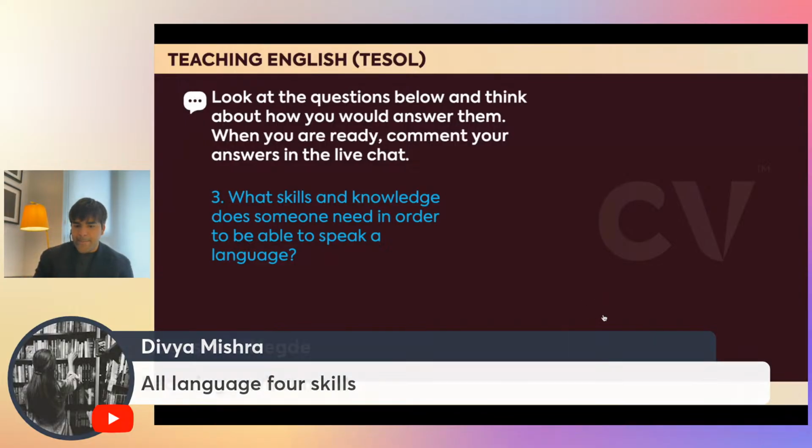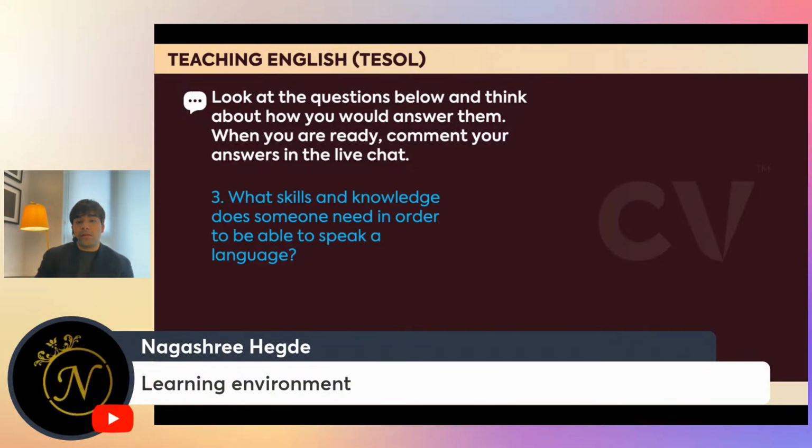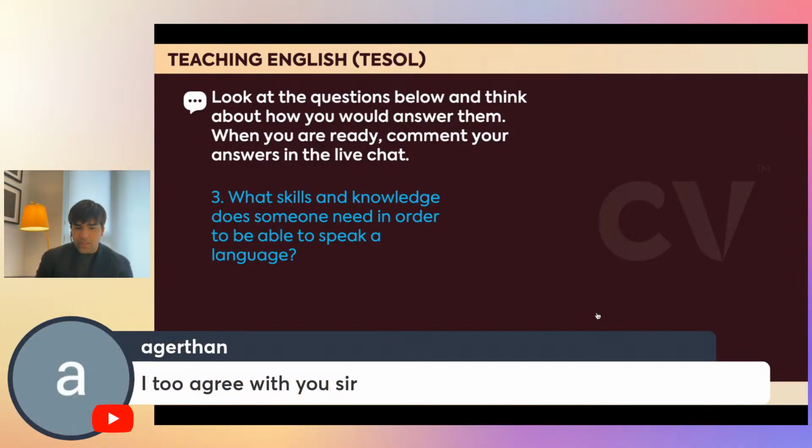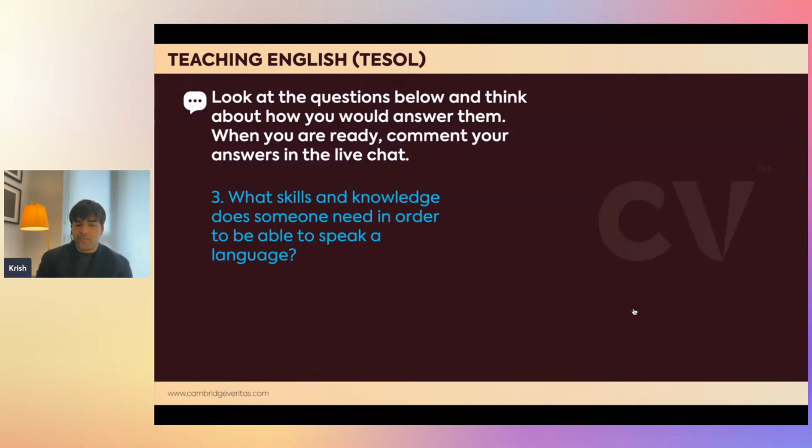LSRW. Okay. Nagashri says learning environment is very important. Thank you. Priya says good listening skills are important, atmosphere and confidence at the same time. Agarthan agrees. Thank you, Agarthan. Yep. Supporting environment is very important as well. Yep. Thank you. All right.